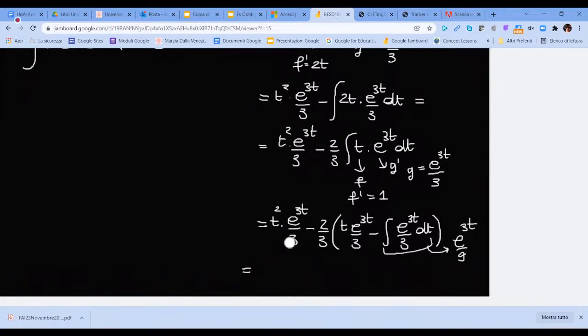So what do we have? We can take out e to the 3t and then write everything else inside the parentheses. t squared divided by 3 minus t, and we have 2/9.